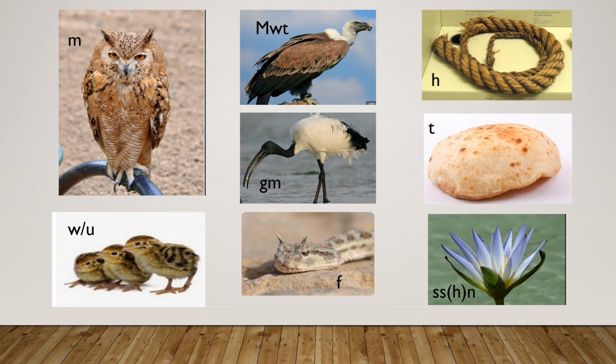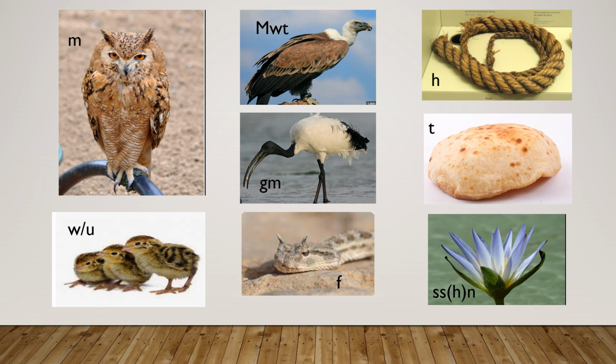And then the rope. The rope can be coiled in several different ways, but most often it has the H, sometimes what we identified as a silent H, and those are two that I can think of offhand because there's the H that sounds like HK. And then we have the loaf of bread, which is transliterated with the letter T, and it's also the feminine ending.